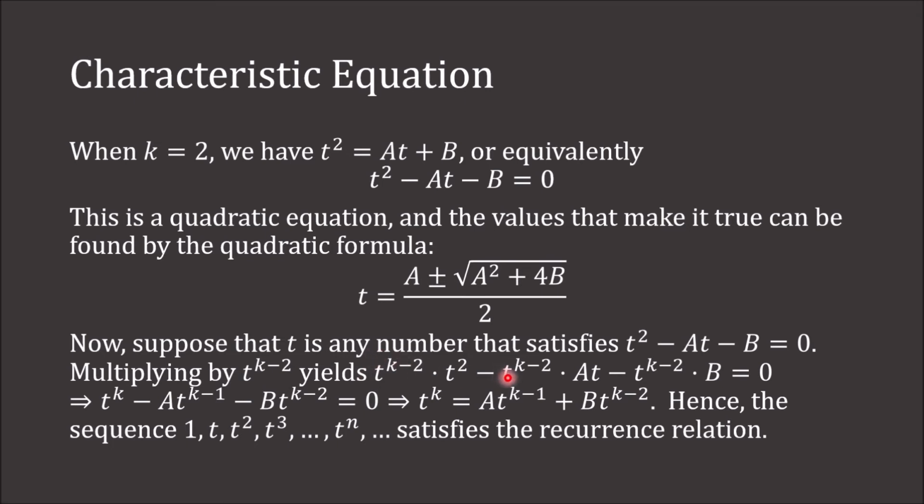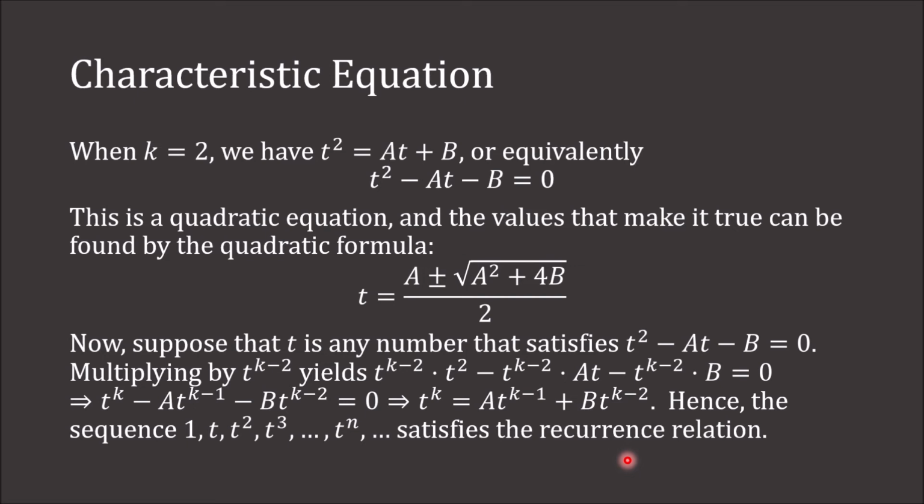This becomes at to the k minus 1. This becomes bt to the k minus 2, and that equals 0. Now we can just solve for t to the k. We get t to the k is equal to at to the k minus 1 plus bt to the k minus 2. Hence that sequence, 1, t, t squared, t cubed, and so on, satisfies the recurrence relation.